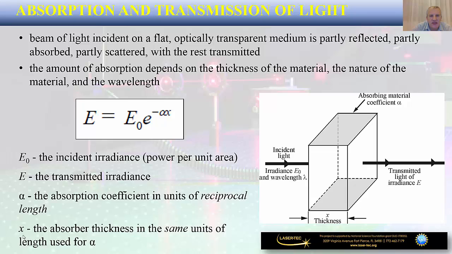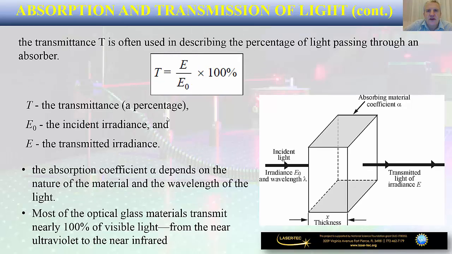And we see that through the law that's being shown here, the output irradiance is a function of the input irradiance, the type of material that the optical window is made out of, and finally the thickness of that window.